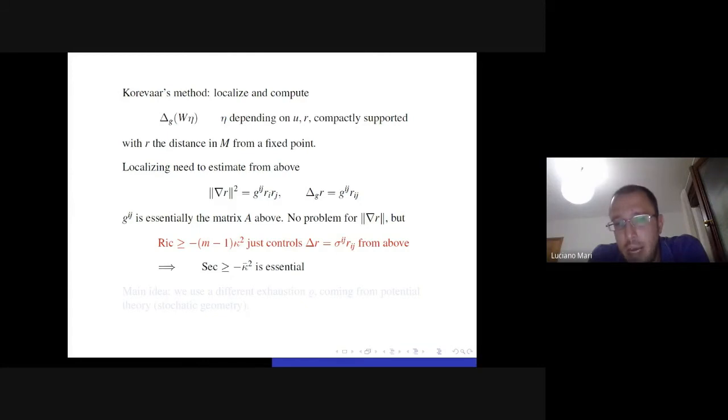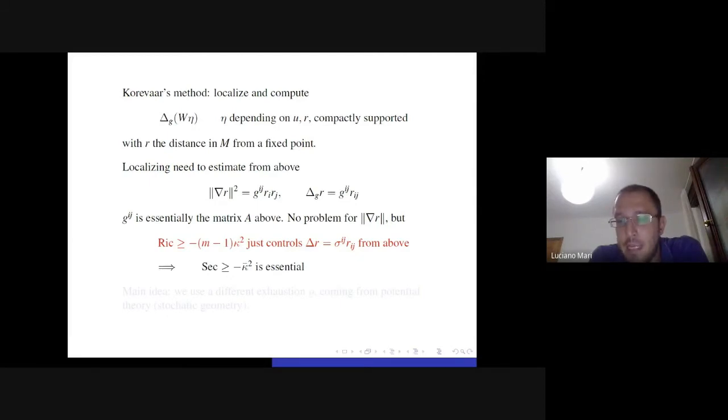So A has two eigenvalues that are bounded from above, but may decay. So the estimate for grad R is no problem. You estimate with dr. Actually, the eigenvalues are bounded above by 1. But the point that makes the thing difficult is that if you want to estimate the Laplacian of R, you have a matrix Gij that has two eigenvalues that go to 0, may go to 0 very differently, but an assumption of Ricci just controls the trace of the Hessian in the original metric.